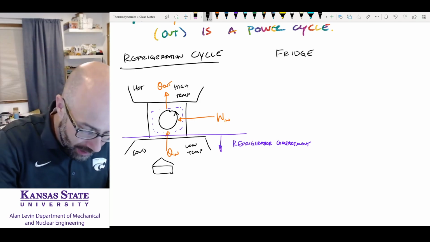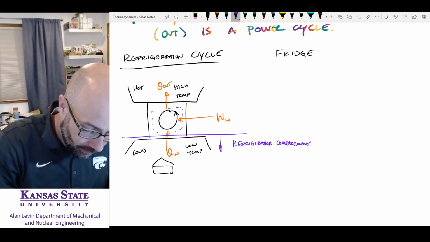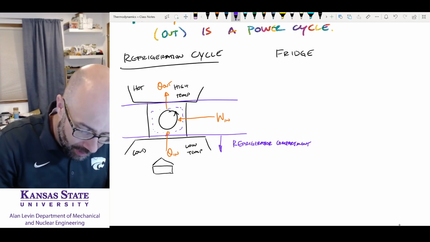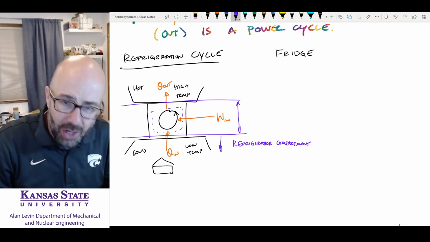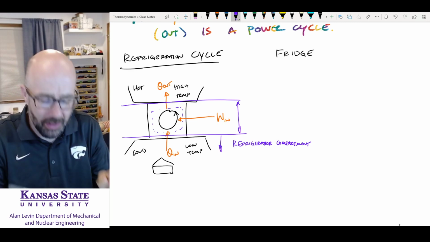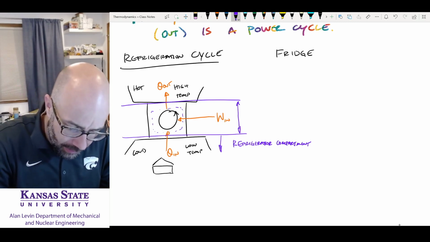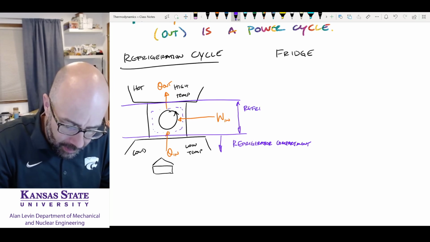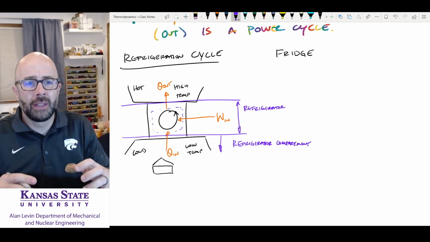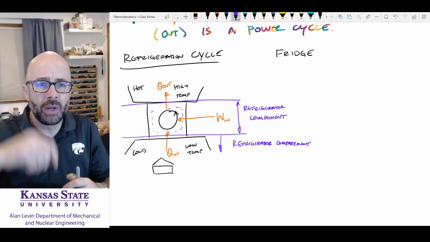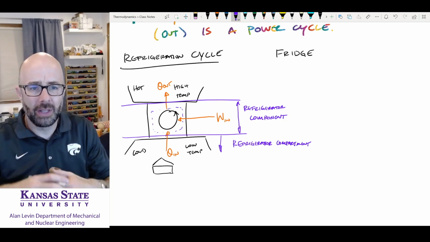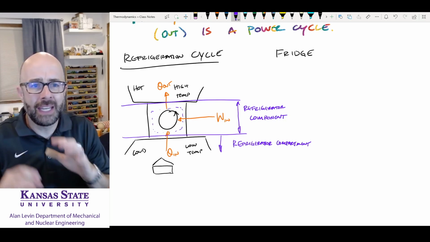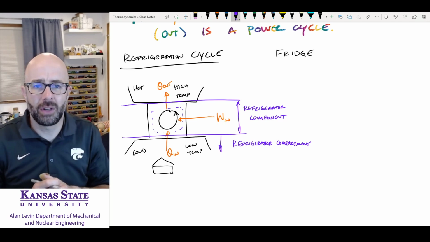So this portion right here, where the cycle is located, this is the actual refrigerator components, okay? The compressor, the refrigeration coils, all the lines that you see, the heat exchangers that are inside of your refrigerator.